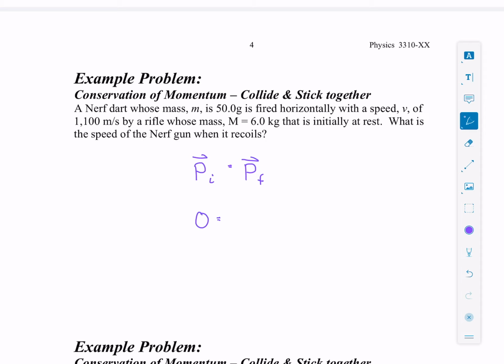Afterwards, we're going to have the momentum of the dart, which is the mass of the dart times the speed of the dart, and the momentum of the gun, mass of the gun, speed of the gun.